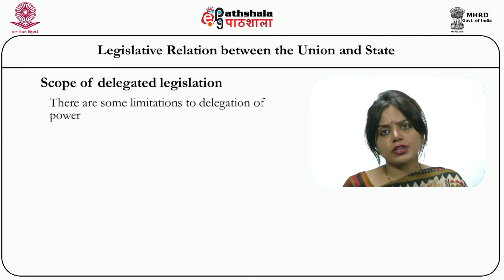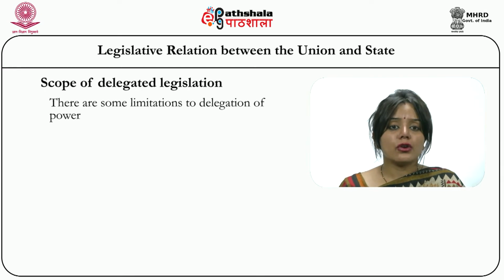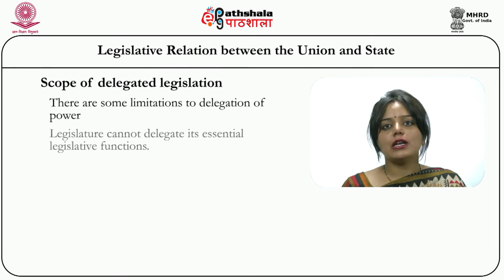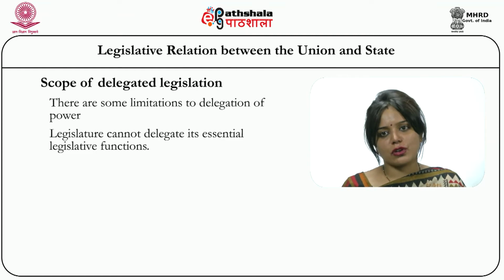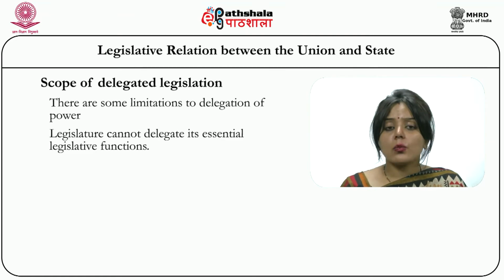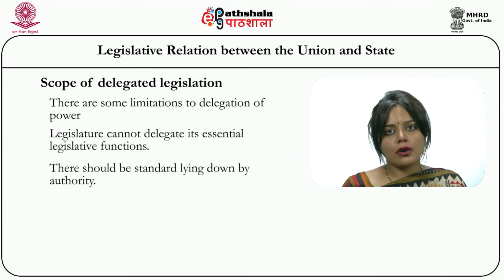There are some limitations given to the delegation of legislative power. The first limitation is that the legislature cannot delegate its essential legislative functions. Second, there should be a standard laid down by the authority.